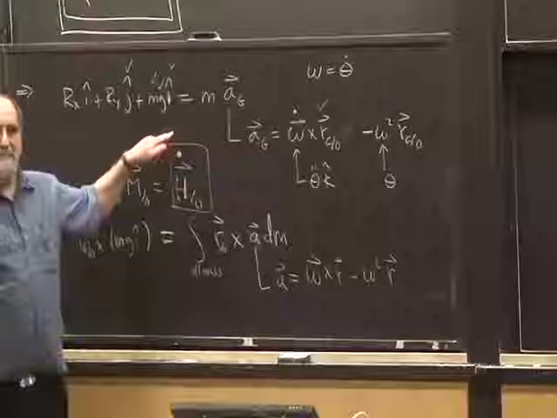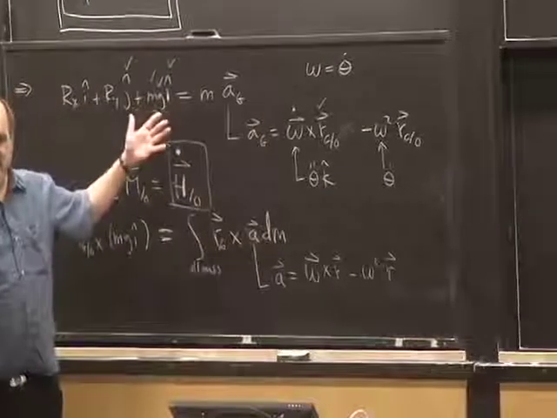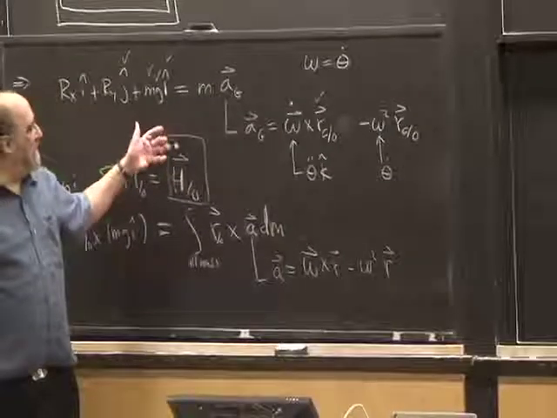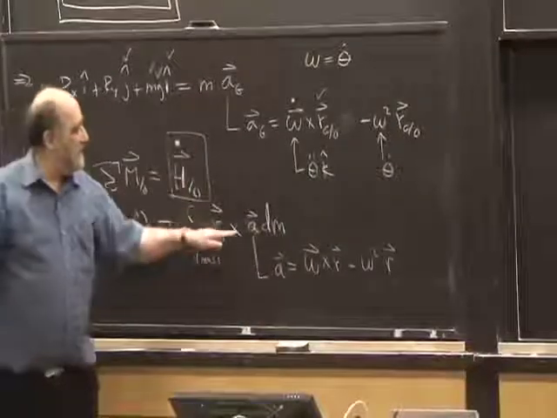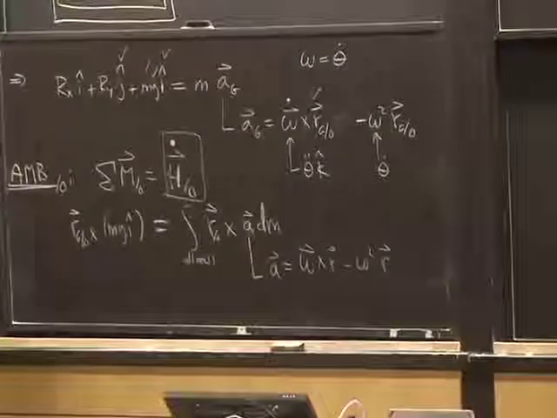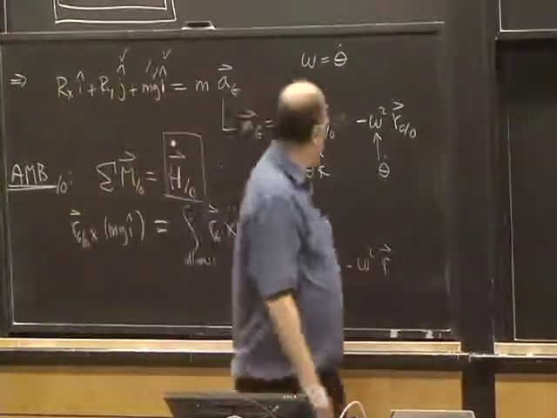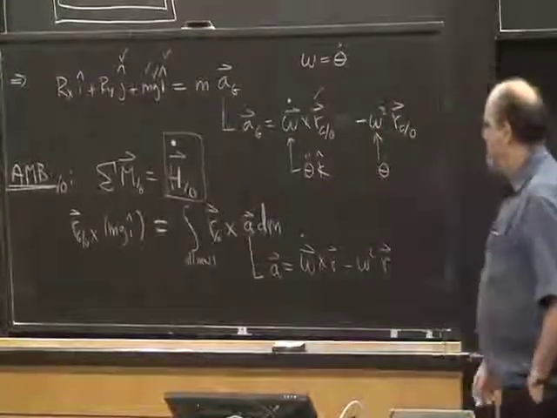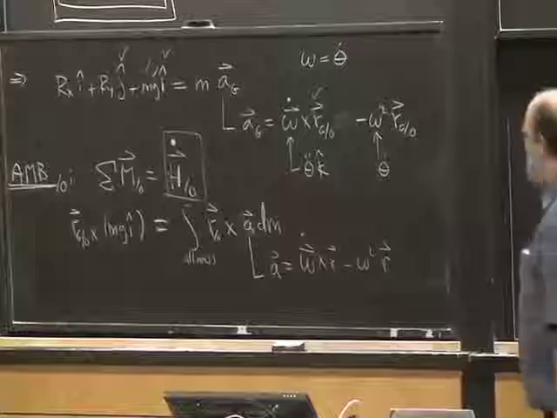Think of it as a symbol that happens to have a dot on top. It happens to be the time derivative of something, but that's not the most direct way to calculate with it. The most direct way is to think of it as r cross a added up over all the particles. Now we're going to do this addition over all the particles, but all the particles have different positions and different accelerations, so we have this whole complicated expression.